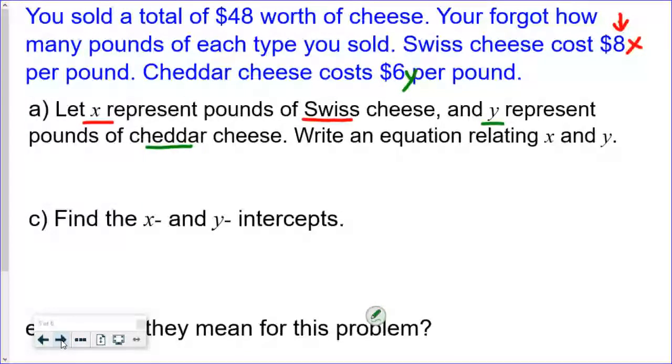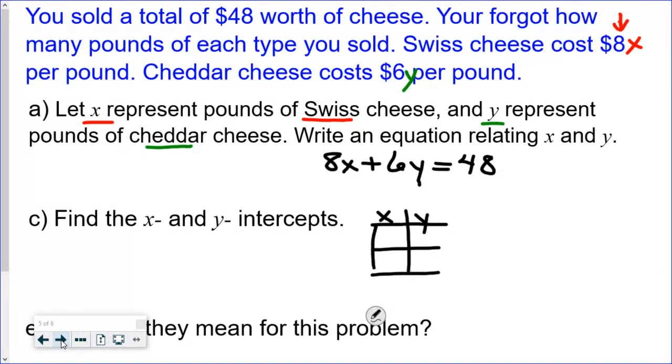So basically, if I only sold cheese of Swiss and cheddar, it's $8 per pound of the Swiss and $6 per pound of the cheddar. A total of $48 were sold. That's my equation. Then I make my x and y intercept. Okay? So 0 here.